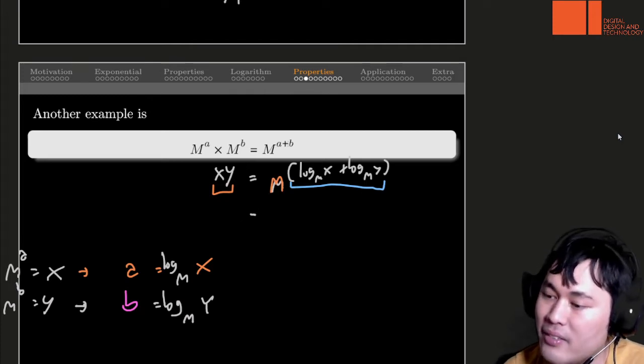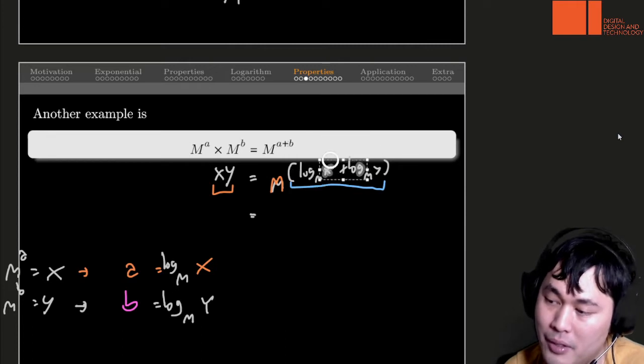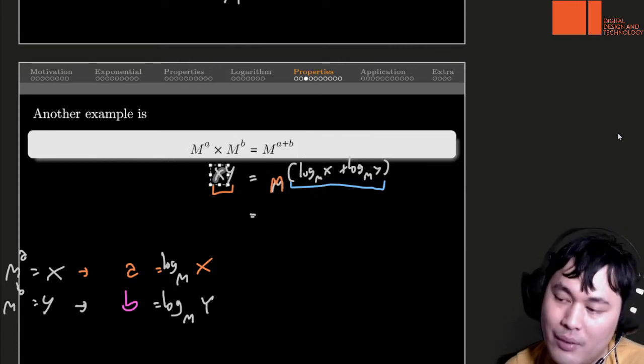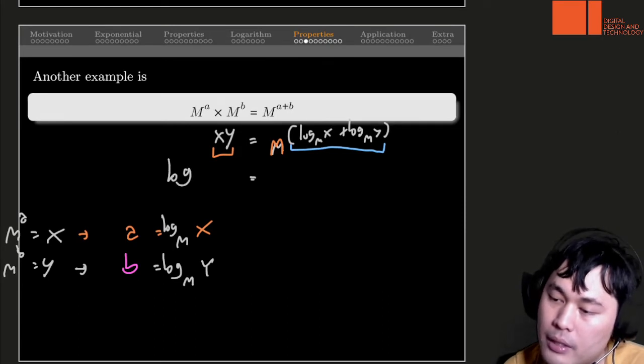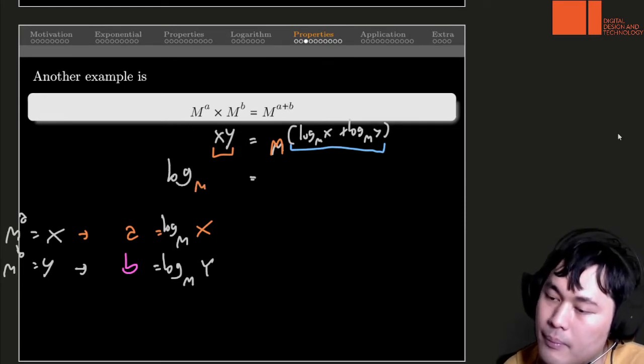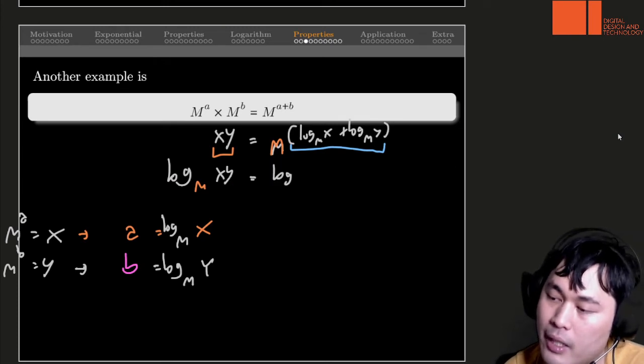So we can repeat the logarithm because we want to bring this whole thing down. So what we do is we take the logarithm with m as the base. And now everything is down.